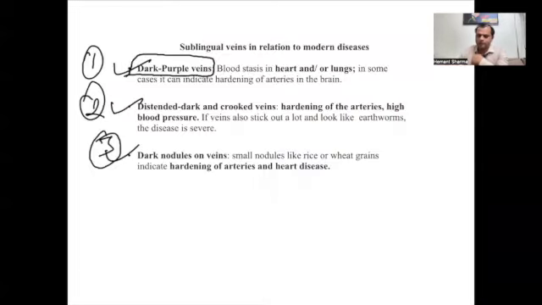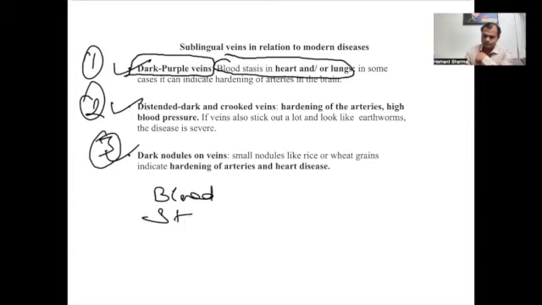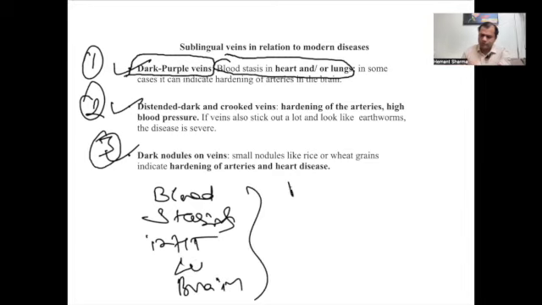So the dark purple vein means blood stasis in the heart, lungs, or brain. So what does blood stasis do?